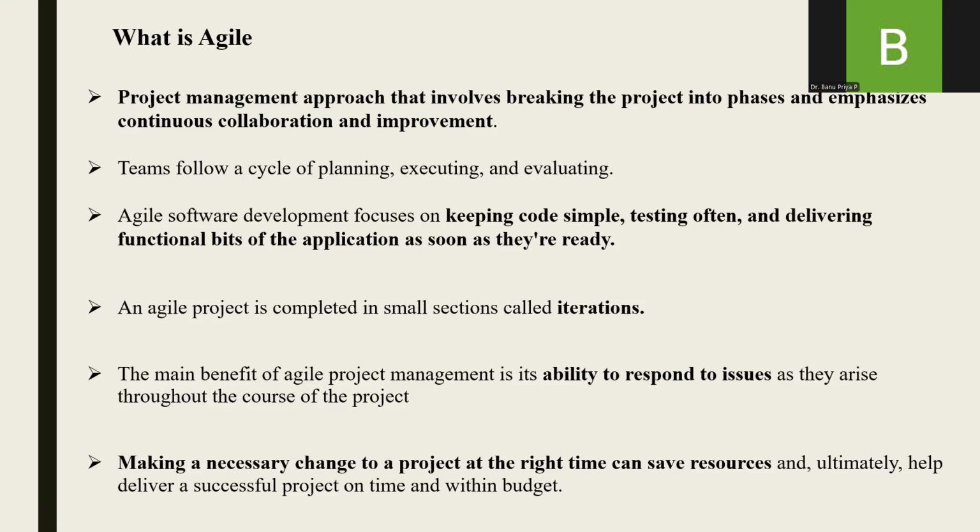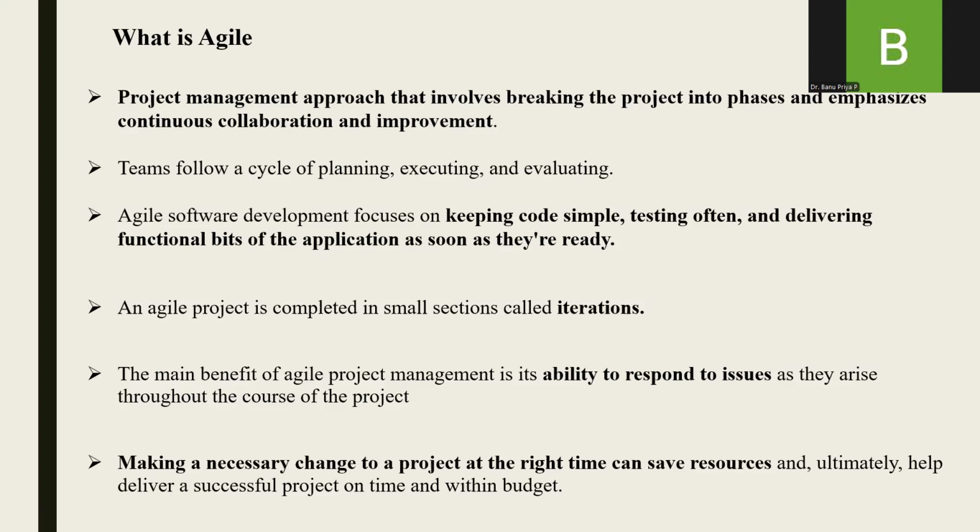So your project is broken down into small pieces, small phases, and in each phase, planning, execution, and evaluation will be done. That is why Agile practices focus much on keeping the code very simple and testing very often. Once even a small piece of code is completed, testing has to be done.